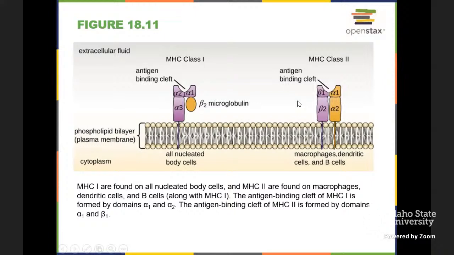that were on the surface of those pathogens, whatever they are, when the pathogen gets destroyed and they get processed, the epitopes, as these protein subunits are coming together in the Golgi, getting packaged all up, those epitopes also show up, and we package that epitope right up here in this cleft, this antigen binding cleft.